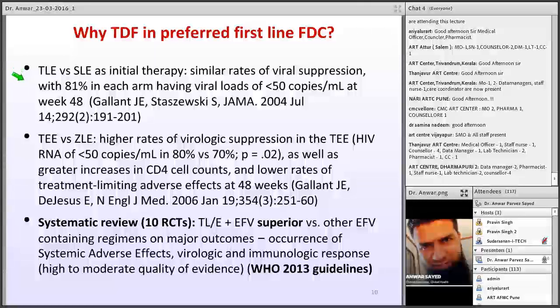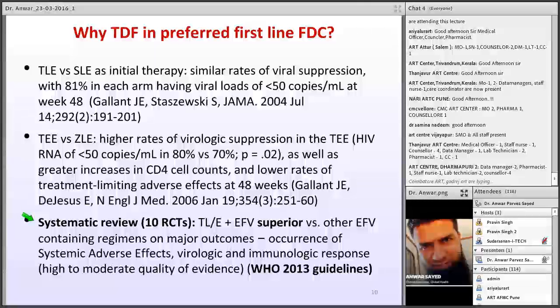Also, tenofovir emtricitabine efavirenz versus zidovudine lamivudine efavirenz showed a higher rate of viral suppression, greater increase in CD4 counts, and a lower rate of treatment limiting adverse effects at 48 weeks. In the recent WHO guidelines it was also mentioned that a systematic review of 10 randomized controlled trials shows that tenofovir in combination with efavirenz is superior to other efavirenz containing regimens on major outcomes.